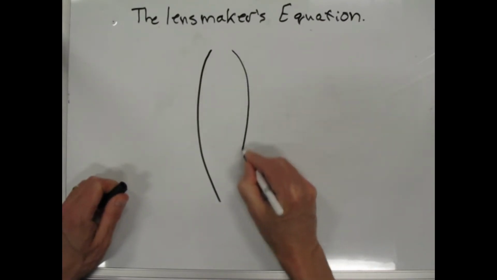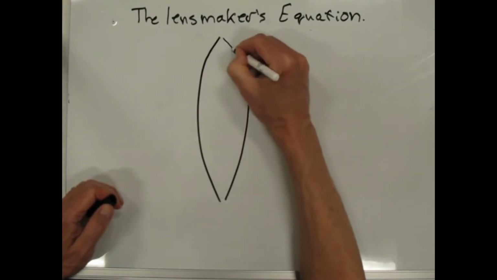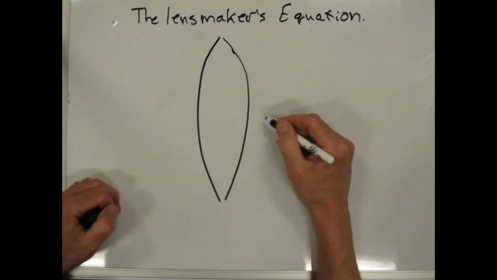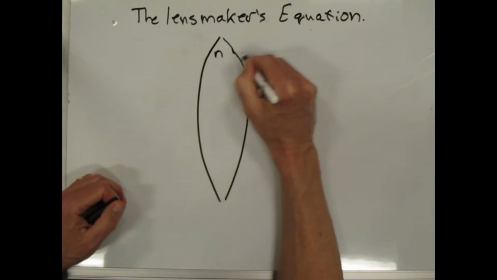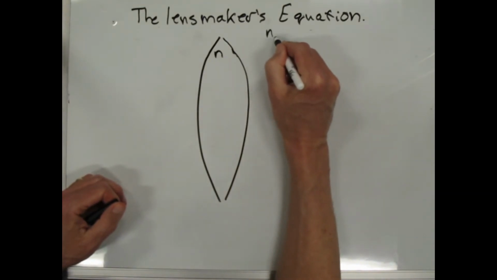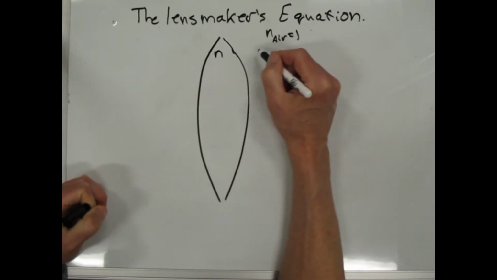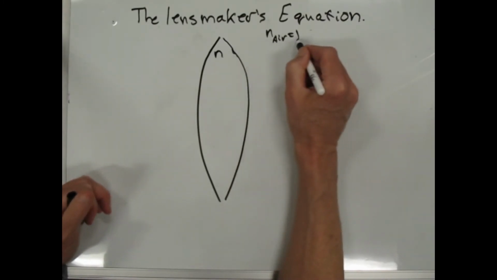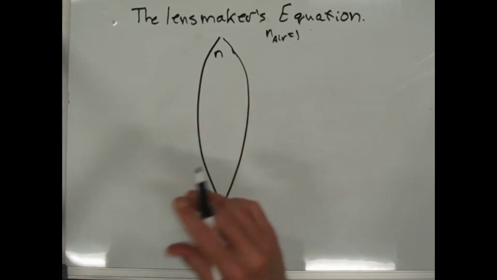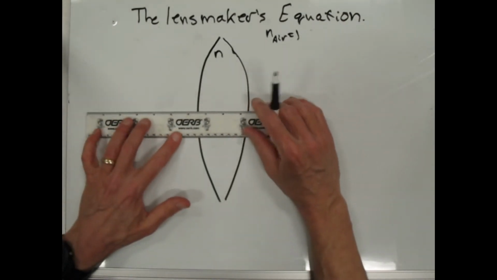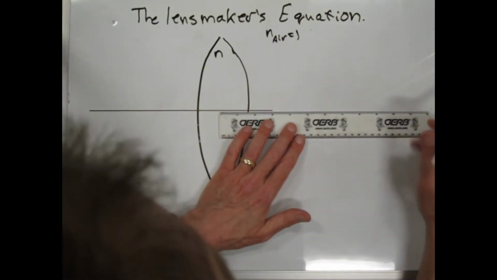So this is a piece of glass in air, and so I'll say the index of refraction for air is equal to 1, and we're just going to do it for the glass in air for the time being. And so the index of refraction for air is going to be 1 throughout this problem, and the index of refraction for glass is what it is. We can call it anything. It's usually about 1.5 in most of the examples we do, right?